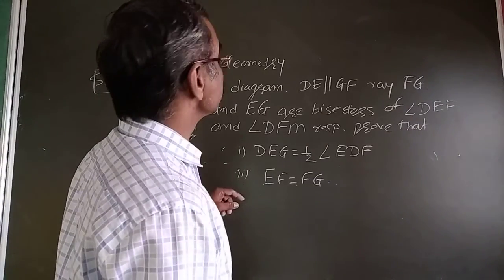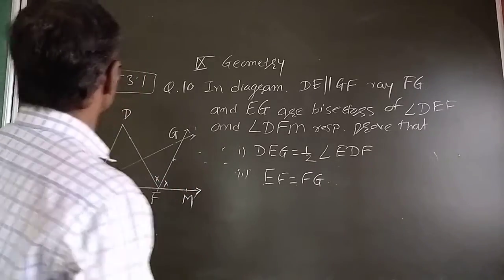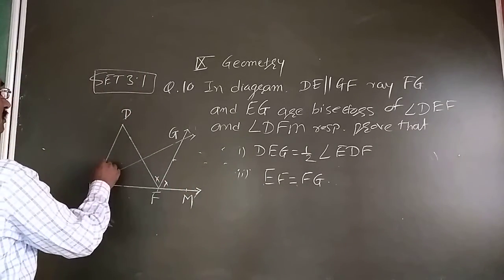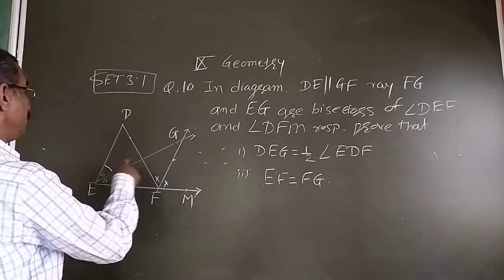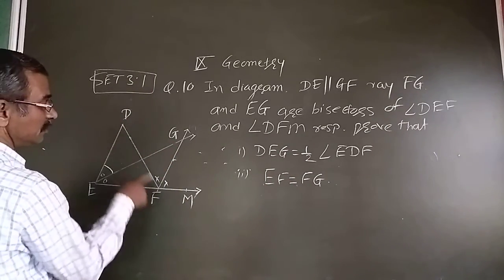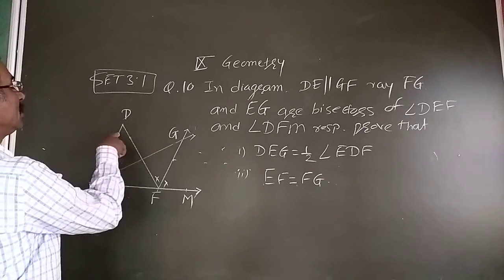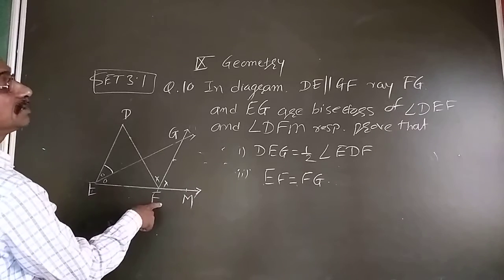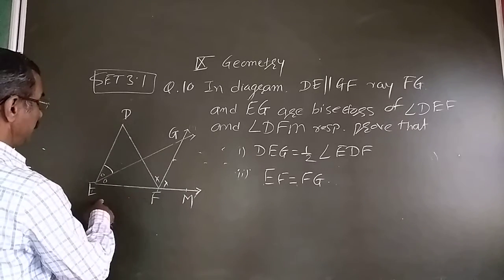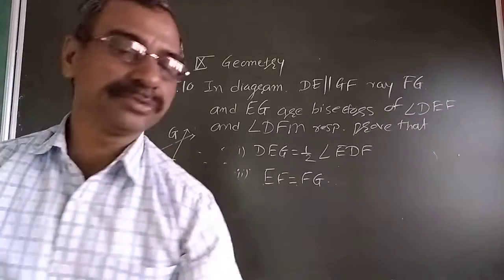And we want to prove here that angle DEG is half of angle EDF, and EF is equal to FG.